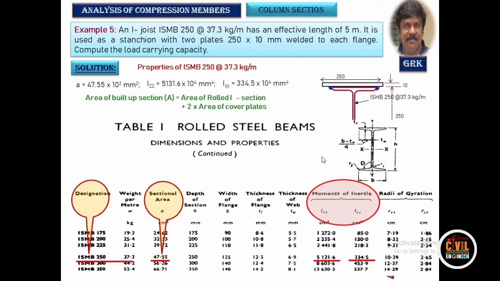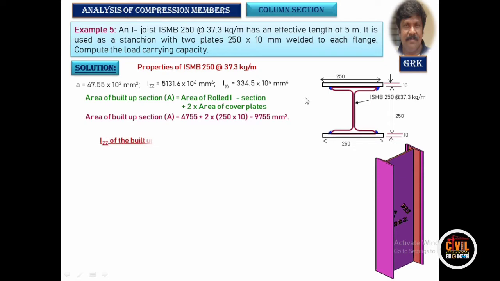The total area of the built up section is equal to the area of the rolled section plus twice the area of the cover plate. We'll find out the moment of inertia about the ZZ axis and the YY axis.